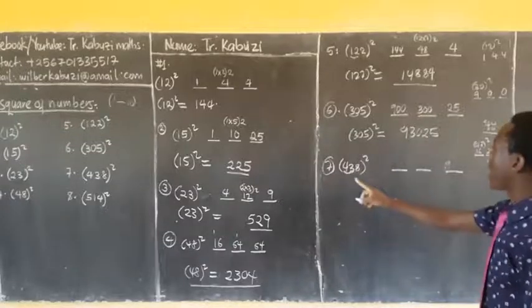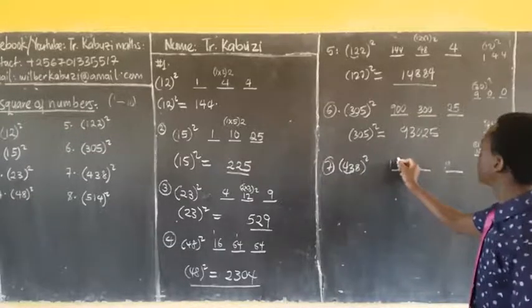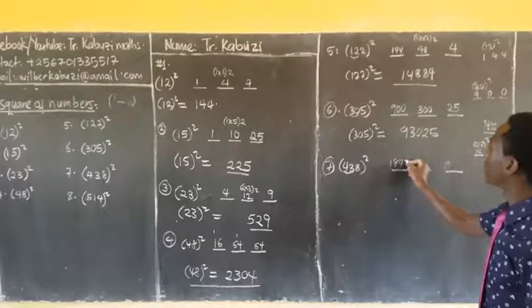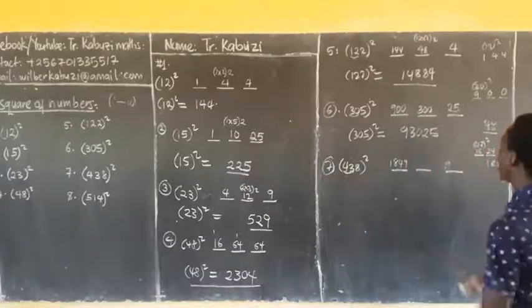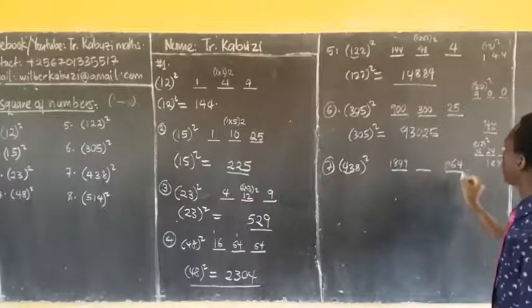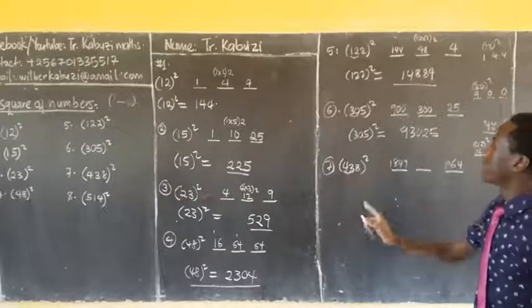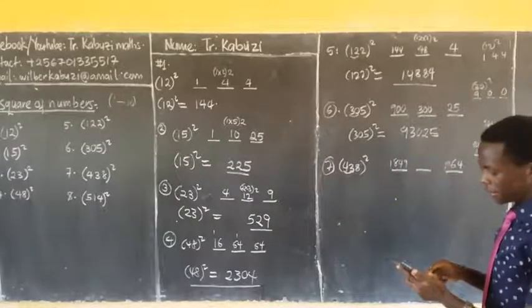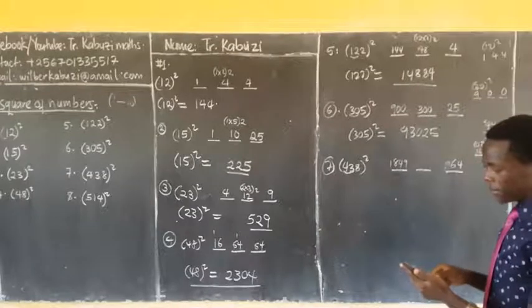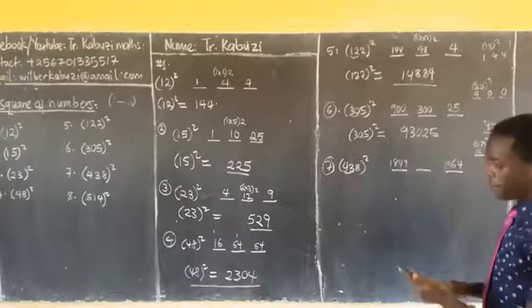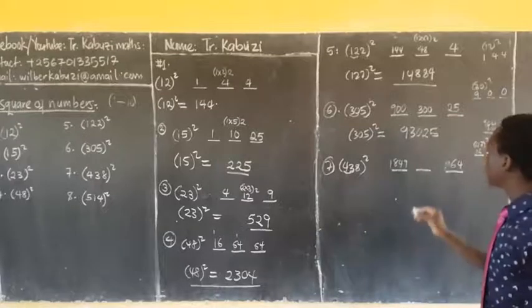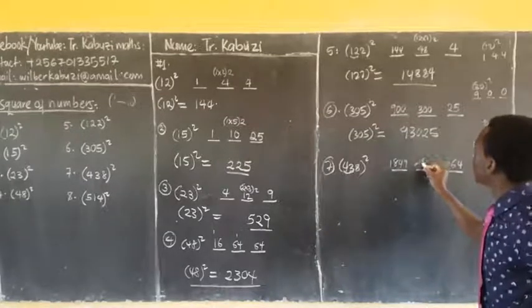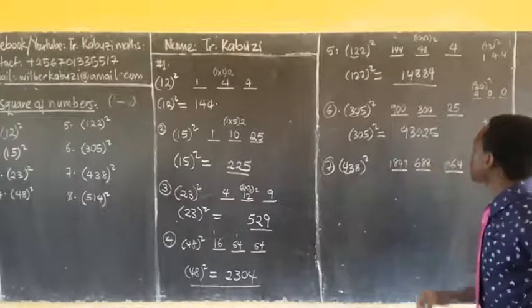So now when you square this, you get 1849. When you square 8, you get 64. Now you say 43 times 8. You get your calculator, you can set 43 times 8. That's 344. Then times 2, that's 688.